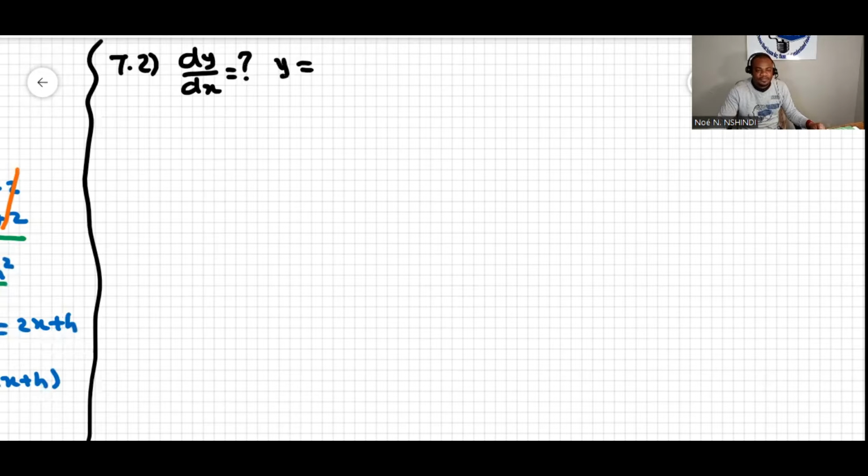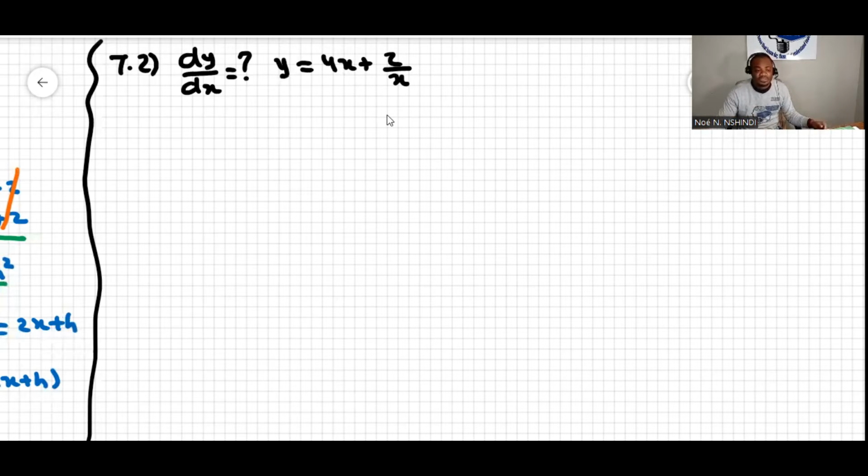If y is given by 4x plus 2 over x. Now, I prefer to rewrite the same function in a different way, because sometimes functions like this are a bit difficult to differentiate unless you have knowledge of higher grades' derivative techniques.